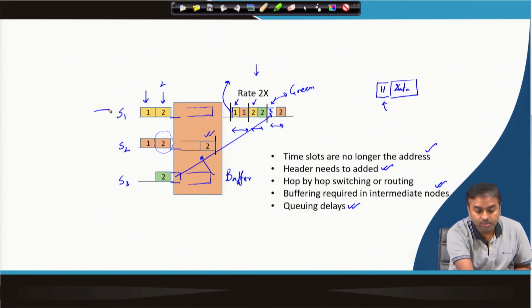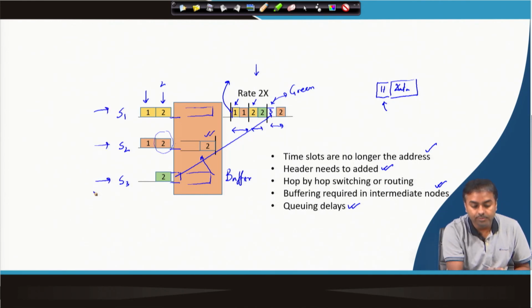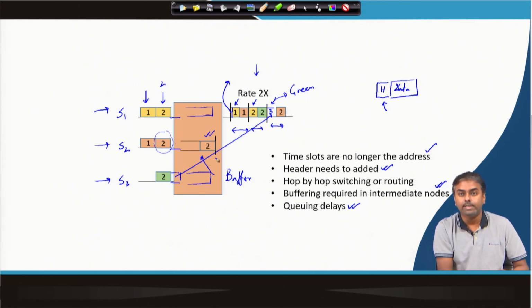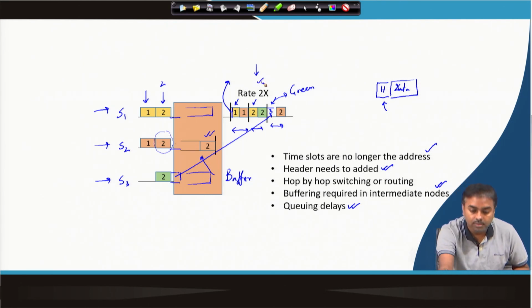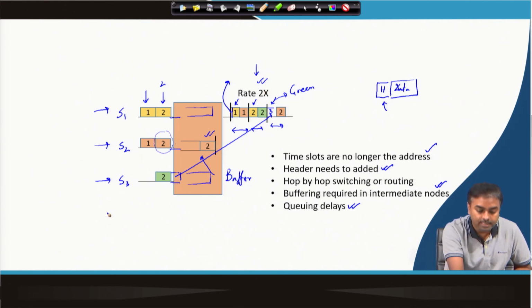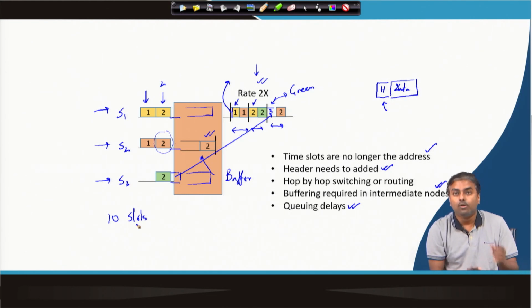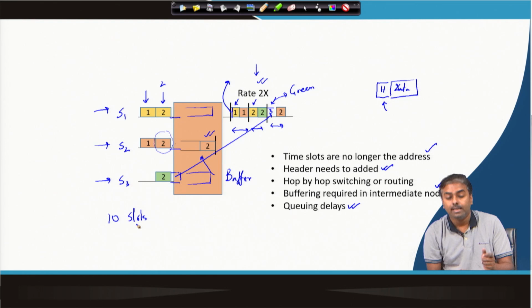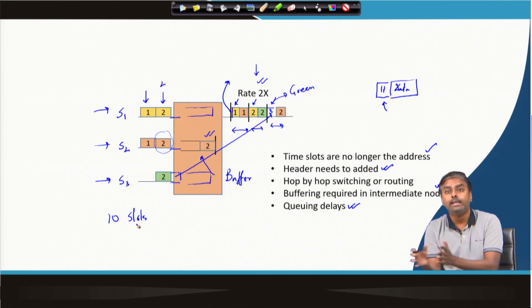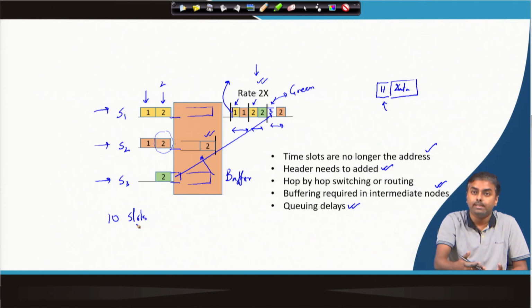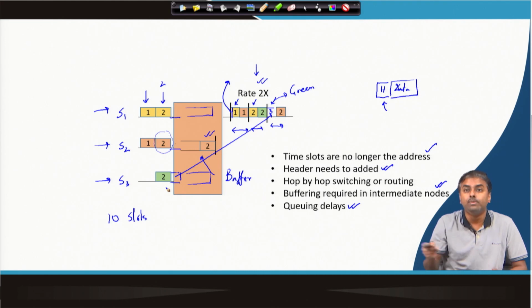So, if all the sources are throwing data at their full capacity, there will be a huge amount of delay being generated over here, that you can already see, because I can only put 2 at a time. So, suppose up to 10 slots everybody is throwing full data, then what will be happening? One data will always be delayed, and for 10 slots one data will be delayed. So, that means a huge amount of delay, even if you make it fairer, so that you are not making one particular stream wait.